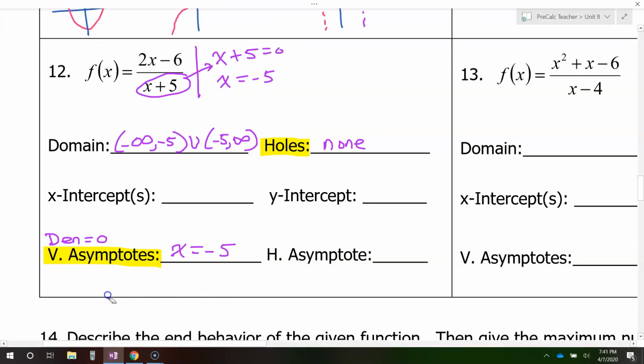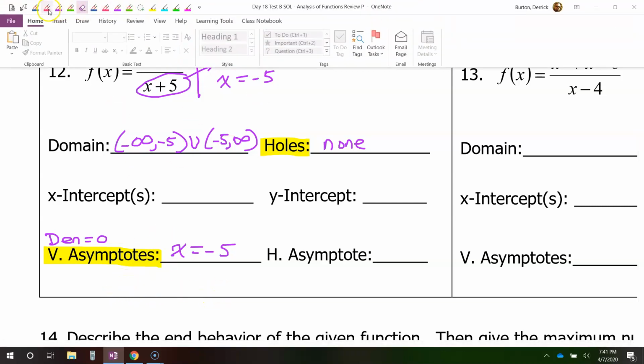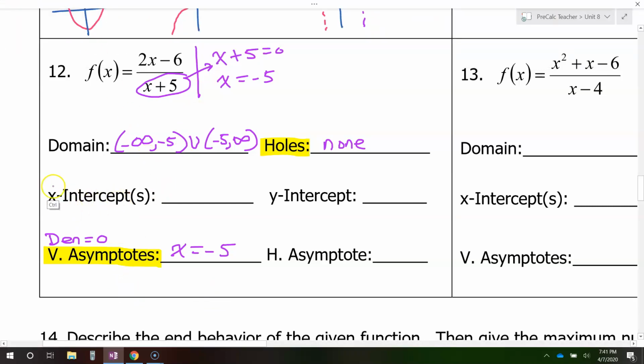What else? I need my x-intercept. If I want the x-intercept, you let y equal 0. That means f of x is going to be 0. But the only way that the whole function is going to equal 0 is if the numerator is equal to 0. When you have a fraction like this, both of these things mean the same thing.